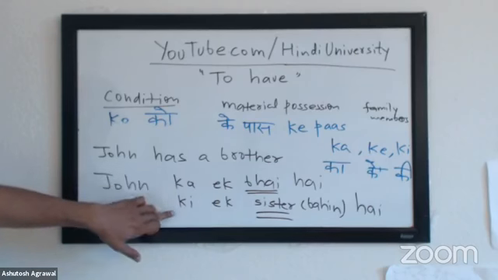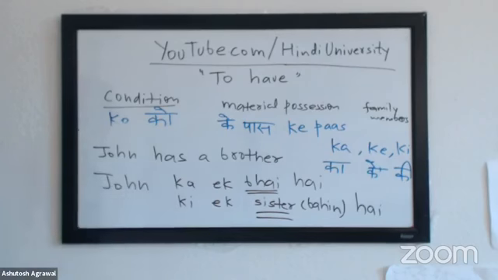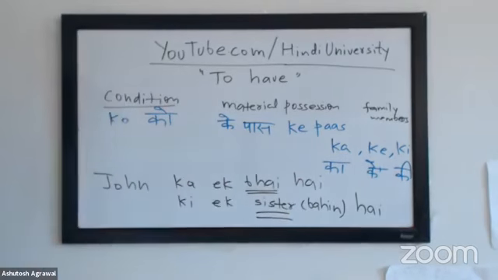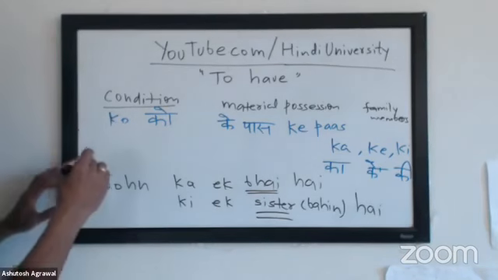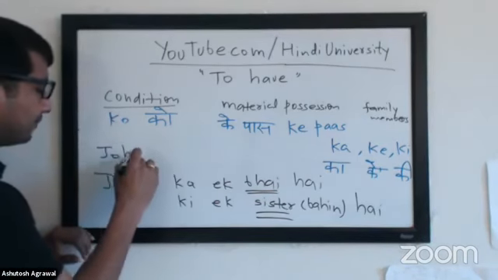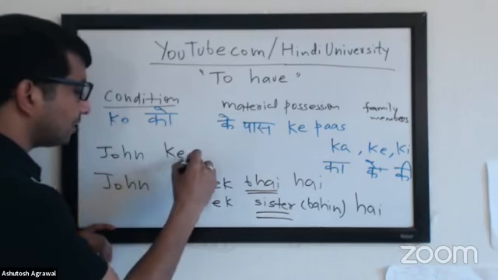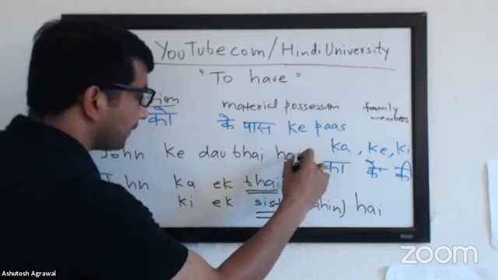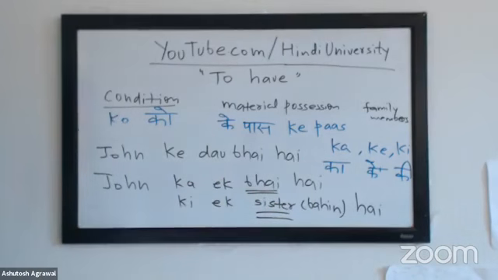John का भाई, John की sister, and then John has 2 brothers. In that case, you'll write John के 2 भाई हैं. Okay, so hopefully this is clear.